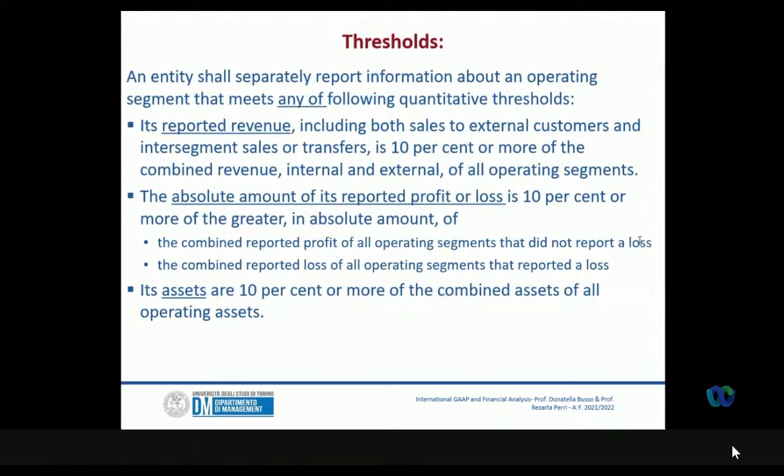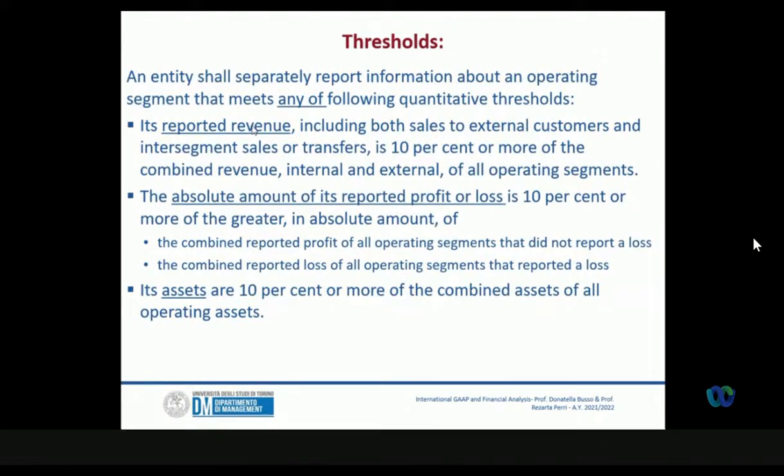Again, this is not real revenue, but it is considered revenue in order for me to assess the performance of this division. So this is also a very common example of intersegmental transactions that may happen in a real company.